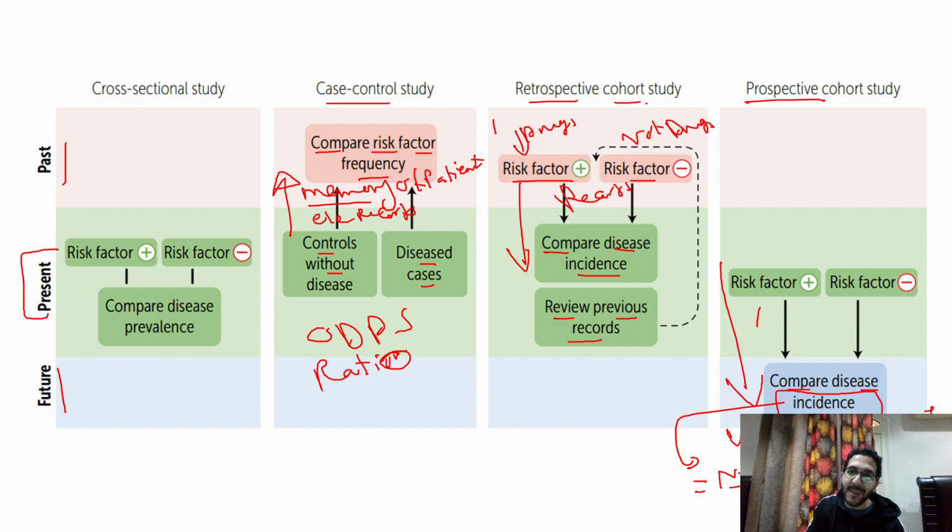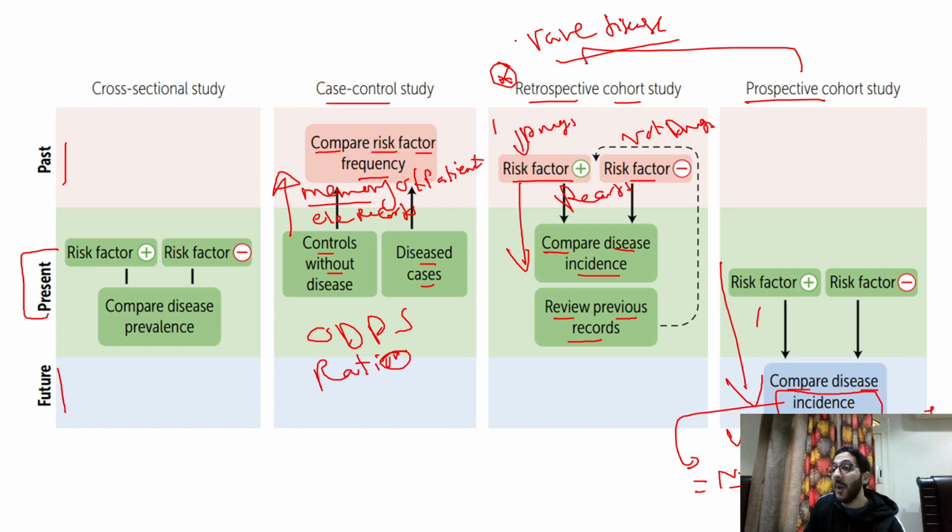You're just starting from the past and moving to our present moment by reviewing the previous records. And the difference is that in real life, we tend to use retrospective sometimes when the disease is rare, as an example, or the risk factor is rare, because you're focused on the risk factor. So a rare risk factor that will not recur, and you don't really have any data.